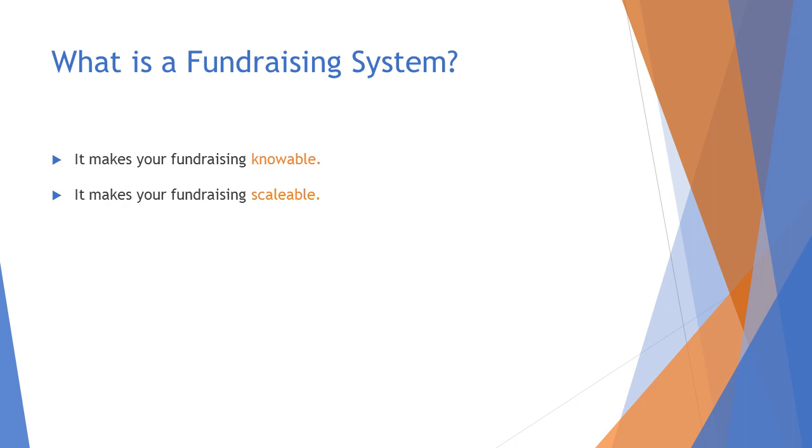Once you have good systems in place, you'll be able to add more donors or activities into the system and know what the outcomes will be. You'll know that the outcomes will remain the same. So once you have a good online fundraising system, for example, you'll be able to increase the number of online prospects that you put into that system and know that the system will scale to accommodate the new prospects. So a good fundraising system is knowable and scalable.